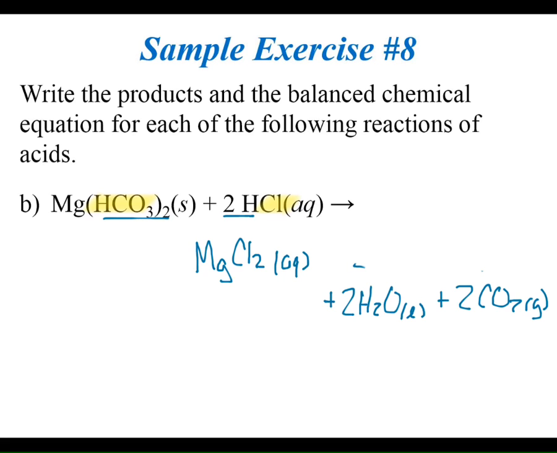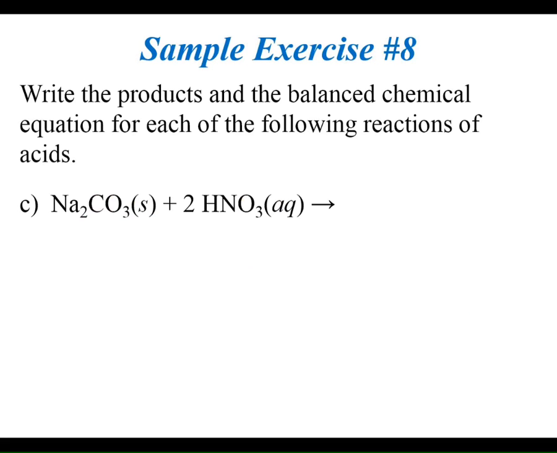Okay, your turn. Try C. What'd you get for your products? 2 NaNO3s. Oops, wrong button. 2 NaNO3 aqueous. Thank you.